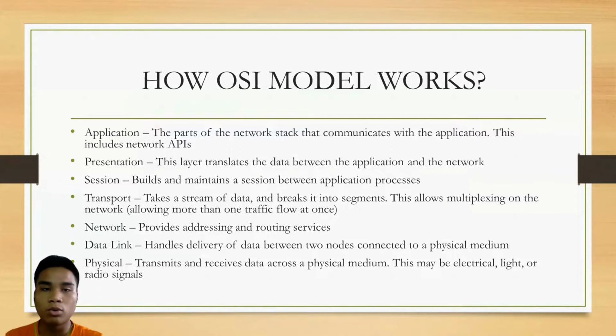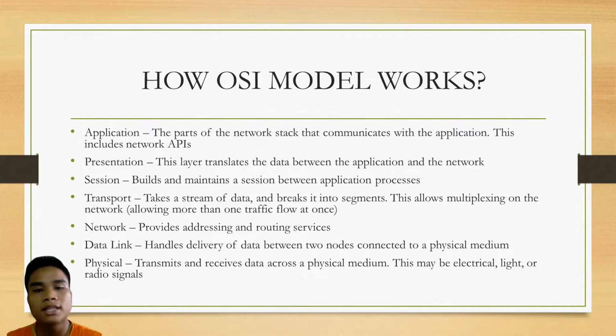How does the OSI model work? The application layer is the part of the network stack that communicates with the application. These include network APIs. The presentation layer translates the data between the application and the network. The session layer builds and maintains a session between application processes. The transport layer takes a stream of data and breaks it into segments.